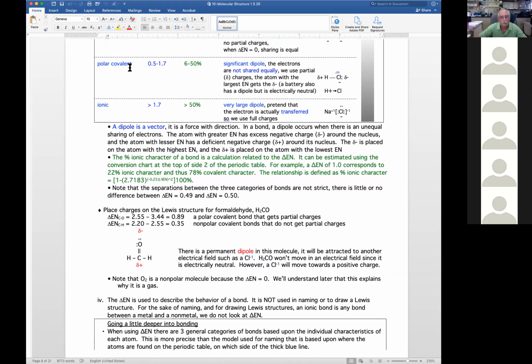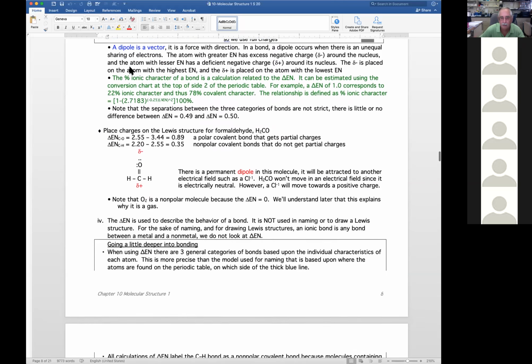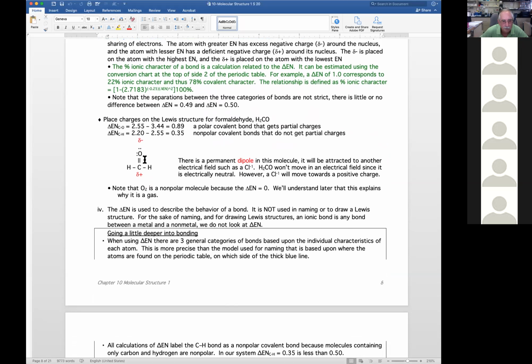So now, how does this help us understand the behavior of formaldehyde? This molecule has a dipole in it. This molecule behaves like a magnet. This molecule is going to be attracted to a water molecule because a water molecule is also a magnet. So does this answer the question? Does formaldehyde dissolve in water?